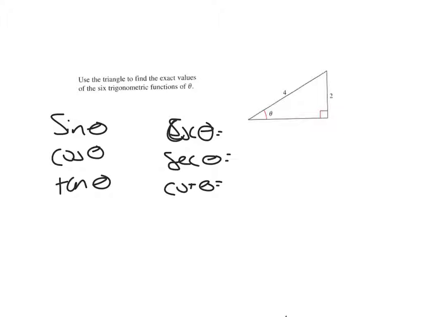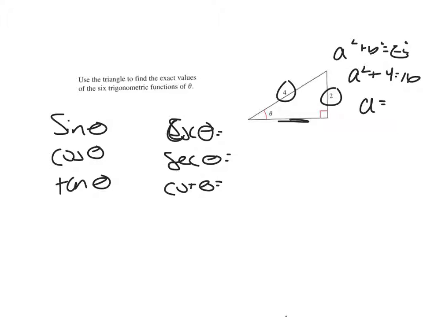First thing I would do is actually finish out your triangle. If you know that 4 is your hypotenuse and 2 is one of the sides opposite of theta, you should probably find the adjacent side. Again, if you need to use the Pythagorean theorem, you can. If you just know what it is, great. That's a c, sorry. So if my a squared is not known, my b is 2, so b squared is 4, and then my hypotenuse squared is 16.